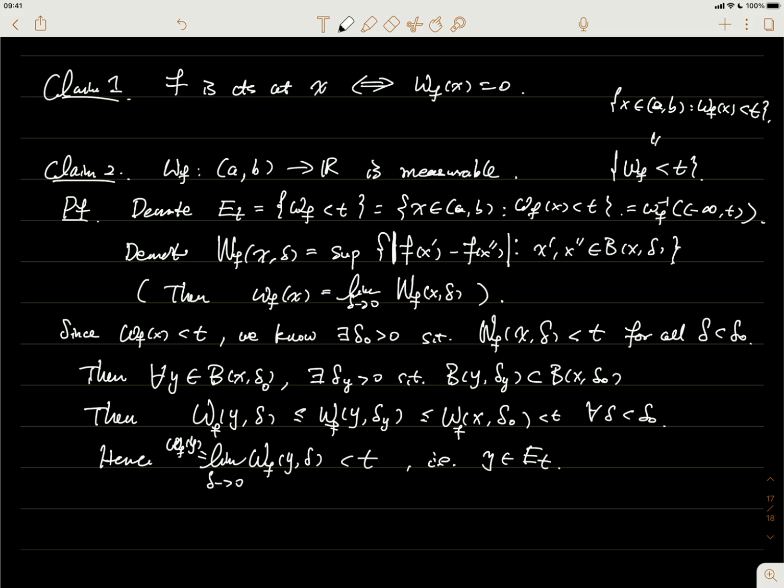Now remember that we picked any point from the neighborhood of x, and we showed that y is here. That just means that this set is a subset of that. And this is like a ball centered at x with the radius delta 0. So it's a neighborhood of x, and we showed that the entire neighborhood of x is in E_t. So that means x is an interior point. But we chose x as any point.